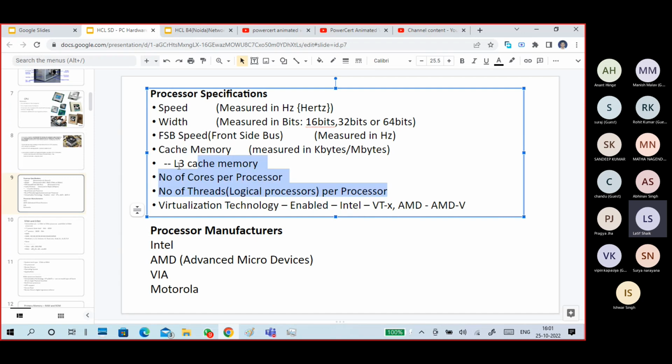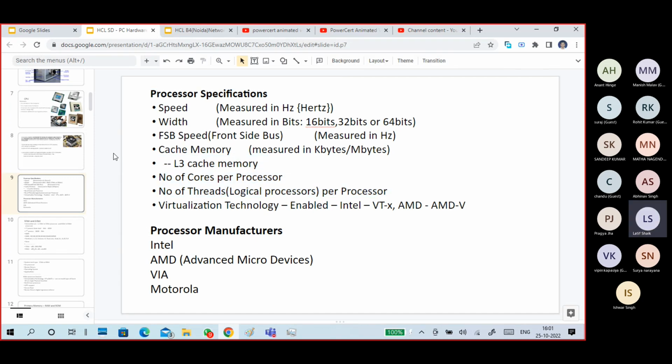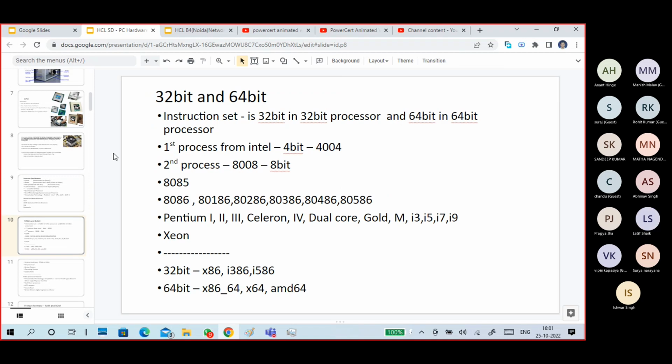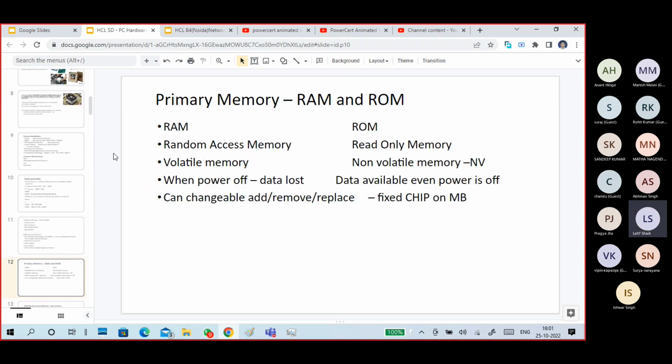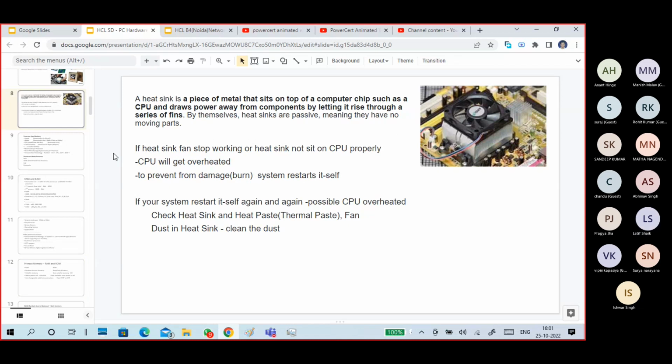Okay, so those are the basic details of your CPU. And a small detail I want to tell you, guys. This is the heat sink. What is a heat sink?